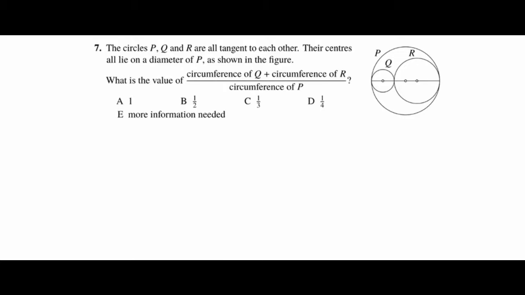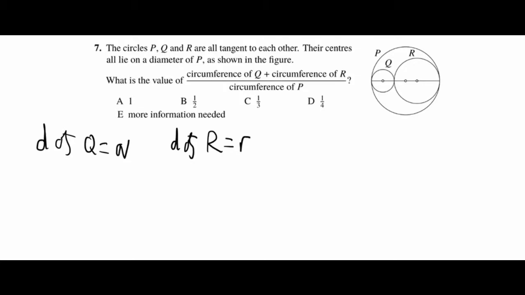So if we let the diameter, I'll just write a small d as diameter, so d of Q, let that be equal to small q, and the diameter of R to be equal to r.